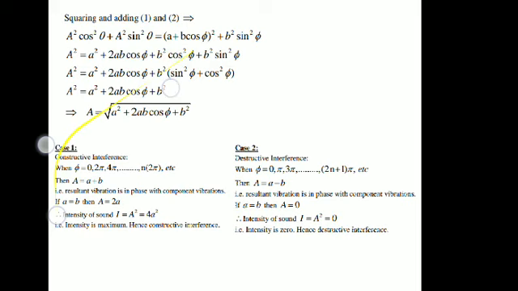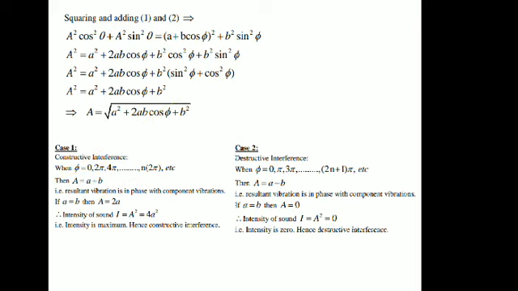So b square will be common, and cos square phi plus sin square phi will be equal to 1. So only b square will remain. So finally we will get a square plus twice ab cos phi plus b square. So the value of A will be the square root of a square plus twice ab cos phi plus b square. From this equation we can find the value of A.